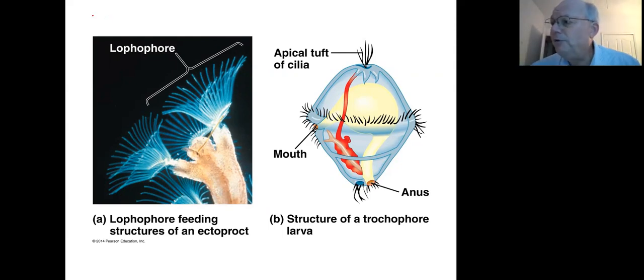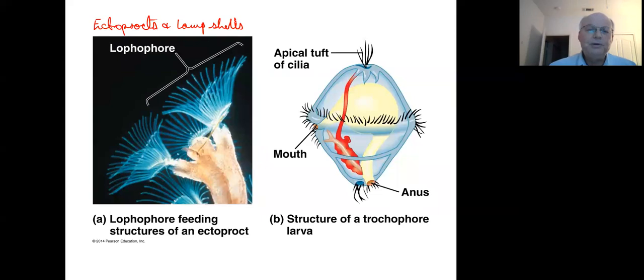So the lophophore clades are the ectoprocts and lamp shells. And again, when we talk about these in chapter 33, I'll go into a little bit more detail.